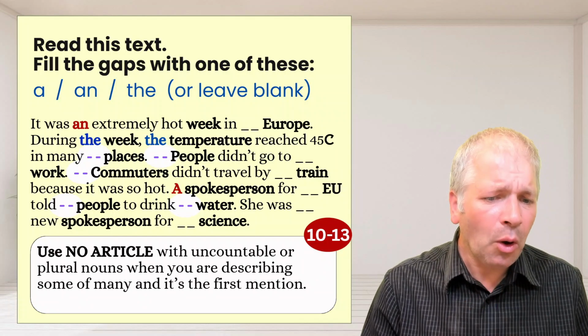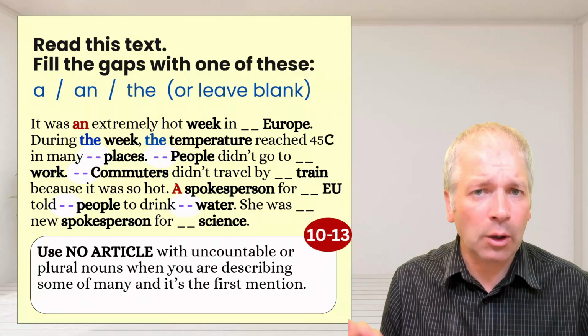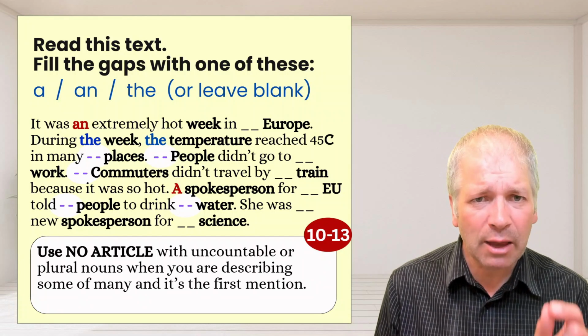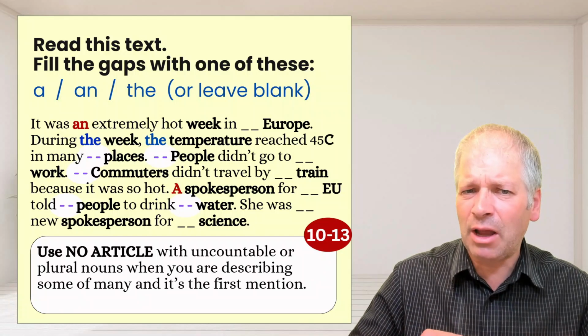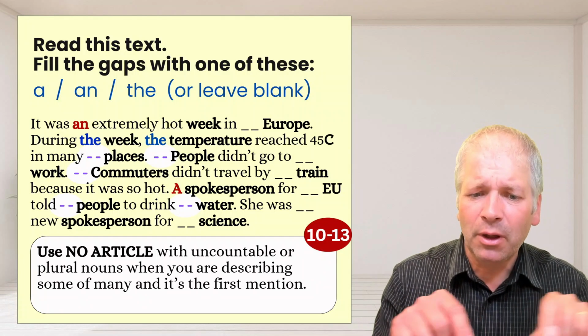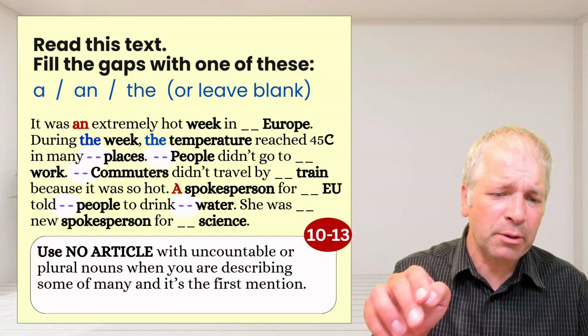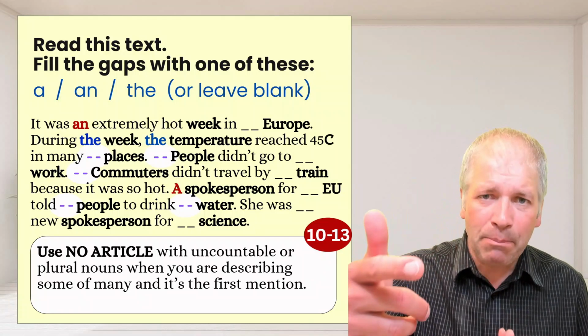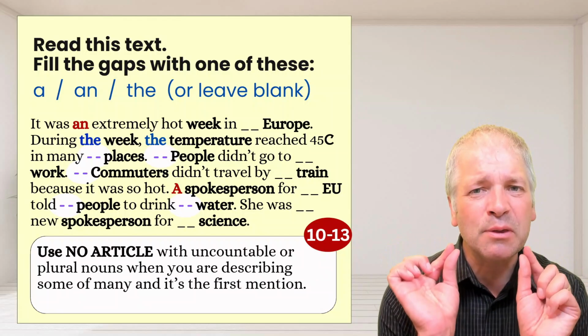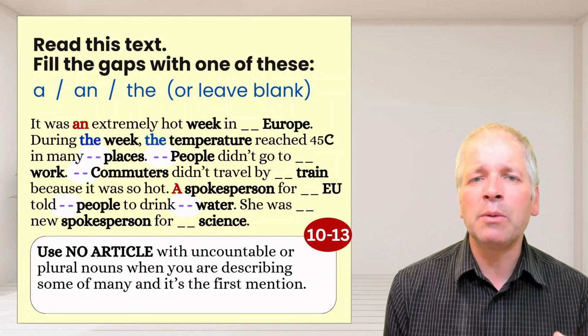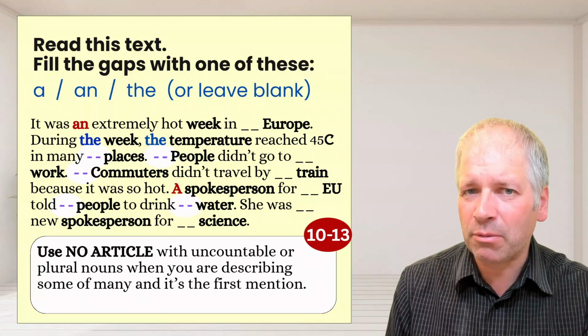Now, EU told people to drink water. Now here I have not used an article before it because there isn't a clear enough link between these people that the EU spokesperson was speaking to and the people who went to work. They're probably a different group of people. If it was the same group of people, then we would use the, because then we would be saying it for the second time.